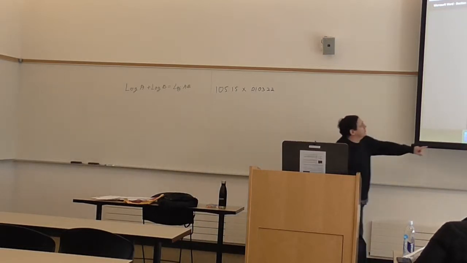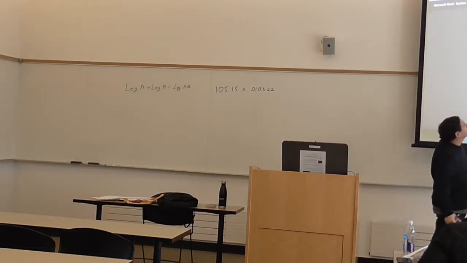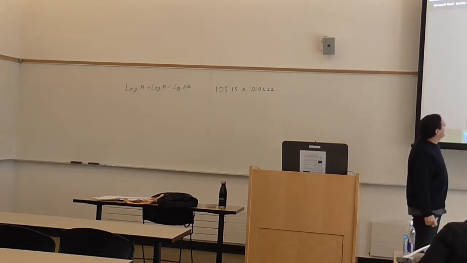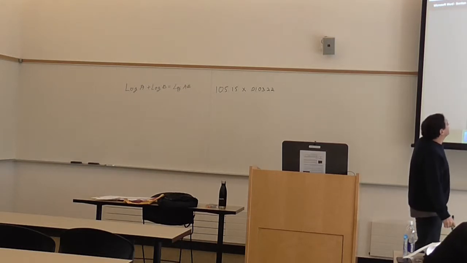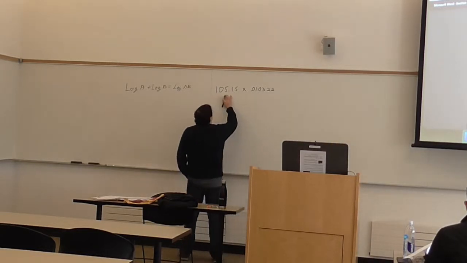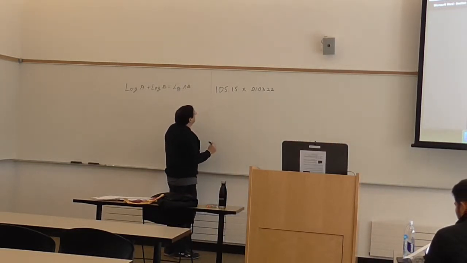This is a table, one page from a book. It's about 20, 30 pages worth. I'll just try and use this, see if I can make this work. So my first number is 105.15.